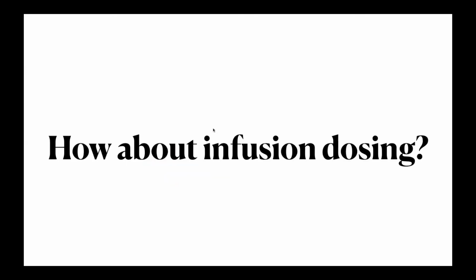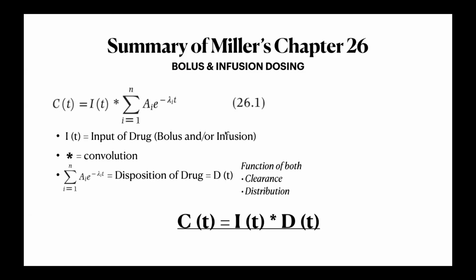So this is for a bolus dose. But what about infusion dosing? This is where it gets quite complex. So this is the formula that they've used to calculate infusion dosing, where the concentration with respect to time equals the input of the drug, which is a bolus and infusion or infusion rate, or just an infusion rate itself.